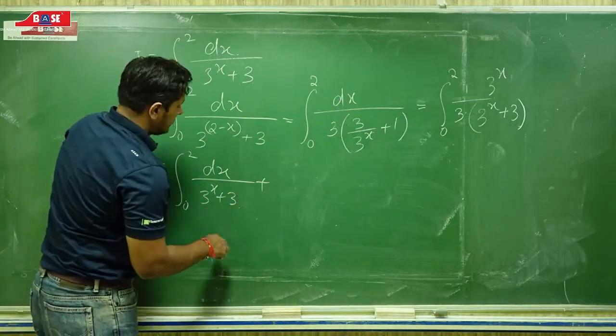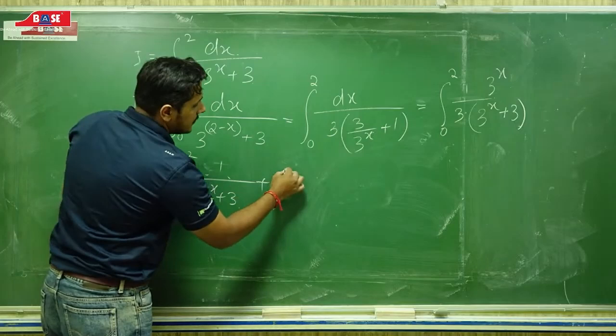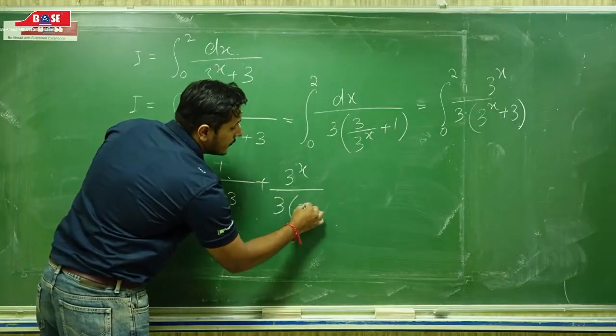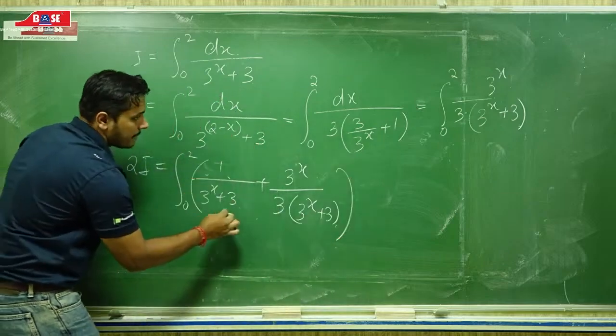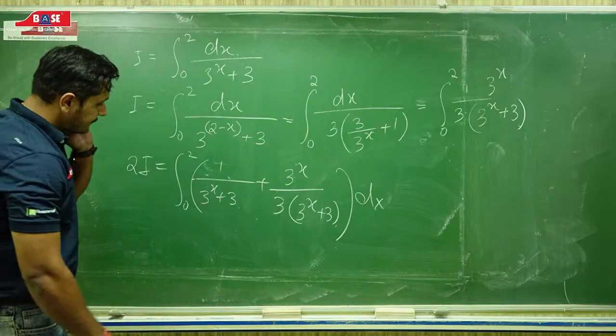So plus 1 upon 3 power x divided by 3 into 3 power x, whole dx.